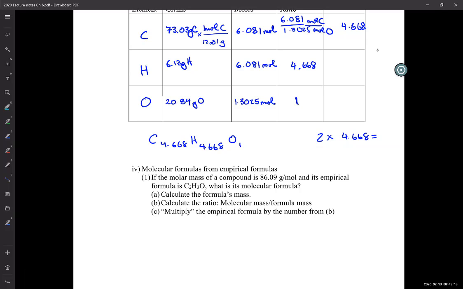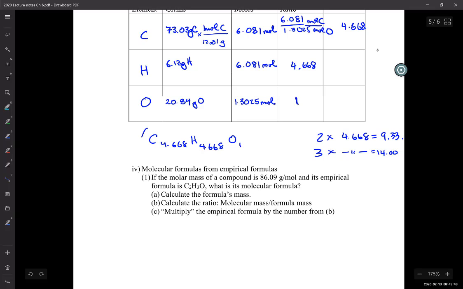No. But you do this, dot, dot, dot. Okay, so I'm going to do it by 3. 14.004. Yeah, 14.004. That's it. So then I have to take everything and multiply by 3.